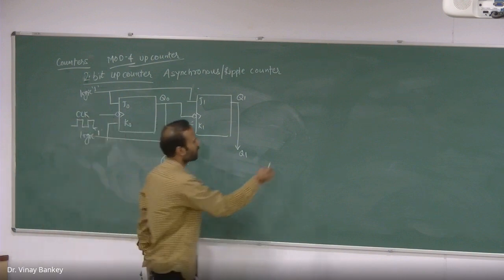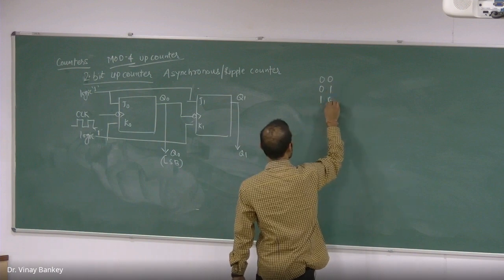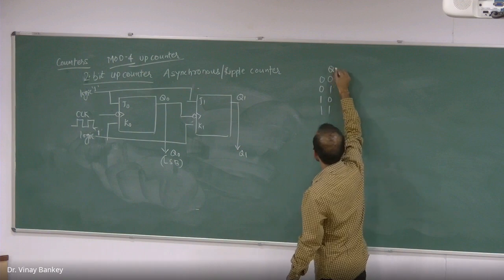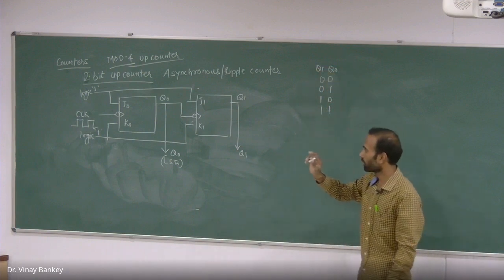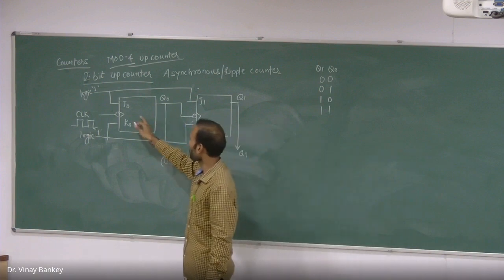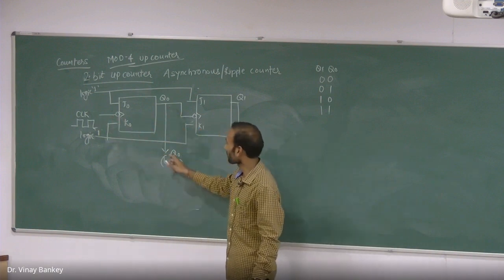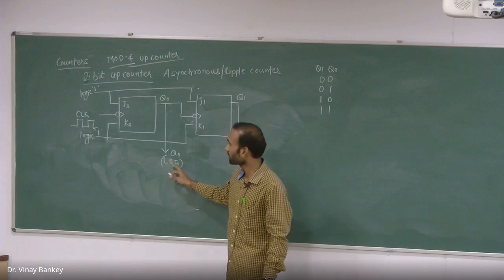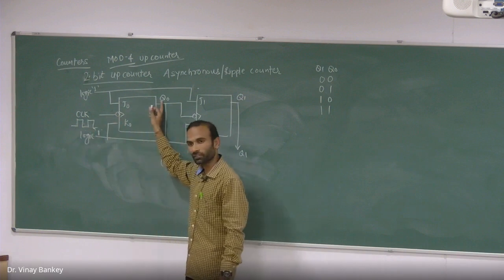Because we have seen this counter will count 4 states. So which one will be your Q0 and what will be your Q1? The output of the flip-flop in which the clock pulse is directly applied will lead to the LSB bit always. The reason is that for every clock pulse, this output will change.